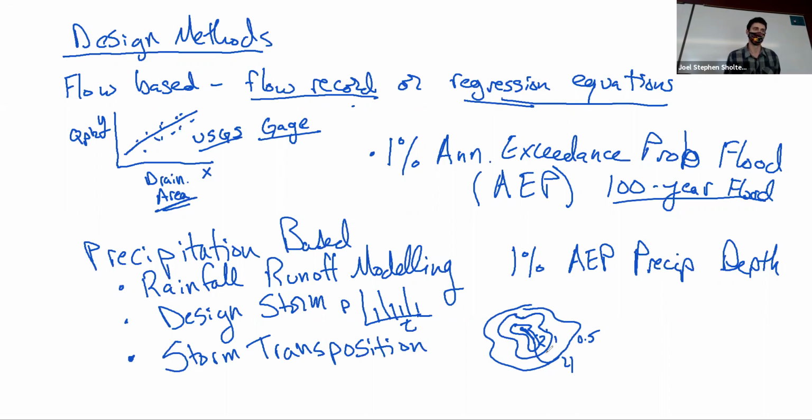These aren't equal contours, obviously. So you could take that rainfall event and just say, I'm going to plop it over my watershed and see what happens in terms of the flood that would result. That's what transposition means. It just means moving it. You take a storm event that happened somewhere and you put it over where you are designing a dam or something like that.